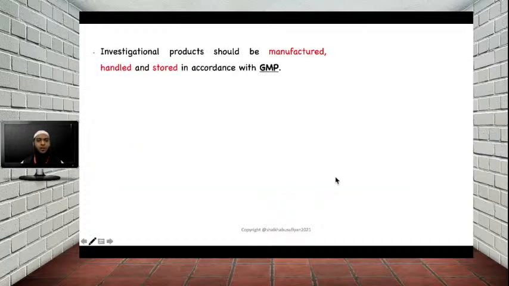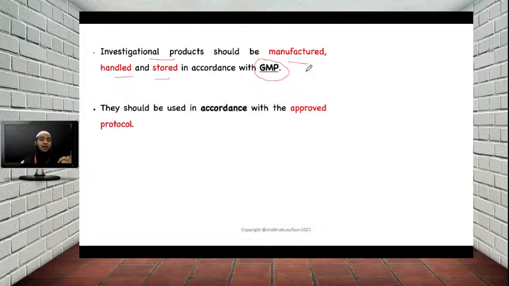Okay, next point is that investigational products should be manufactured, handled and stored in accordance with GMP only. So what is GMP? GMP is the good manufacturing practices that are followed in the industry after a drug is launched into the market, and if you want to bring that drug into the market. Although the drug is not brought to the market yet, you still have to see that it is manufactured, handled and stored in accordance with the good manufacturing practices only.